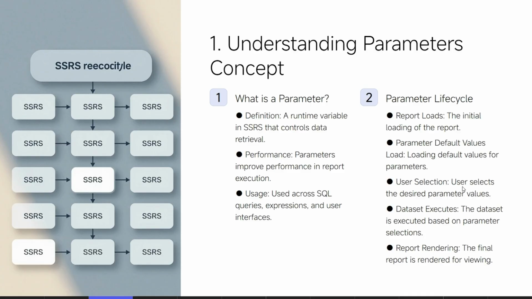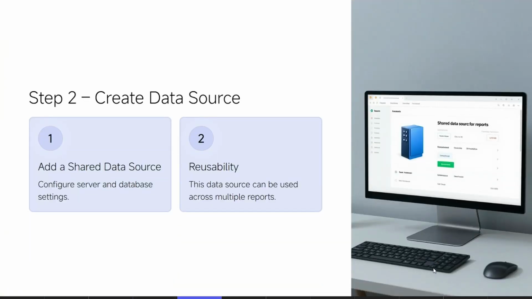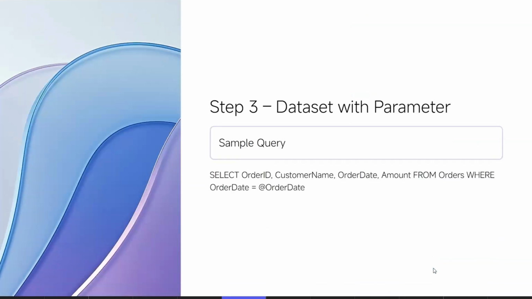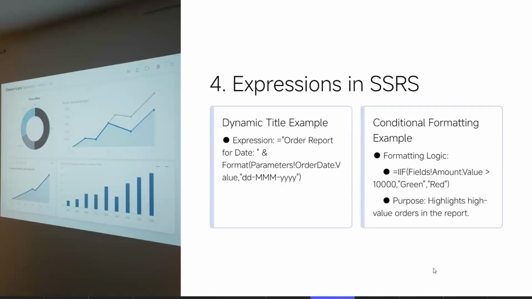Then we make our selection of the desired parameter value. The dataset is executed based on the parameter selections, and then the final report is rendered for viewing.